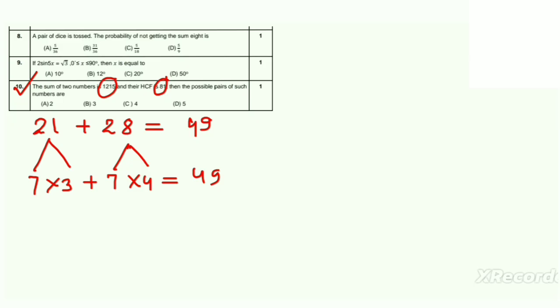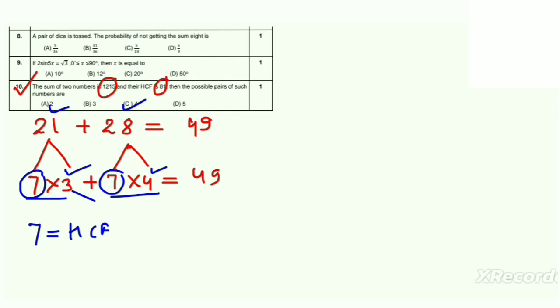Now from this group of numbers we can extract this 7 as the HCF of 21 and 28, right? And after taking the HCF, here remains only 3 and 4. 3 and 4, and these 3 and 4 are co-prime numbers.